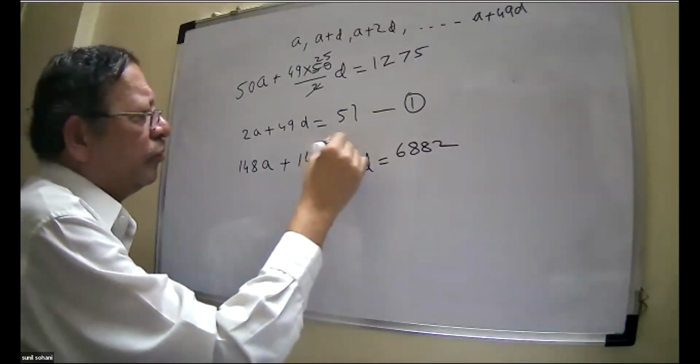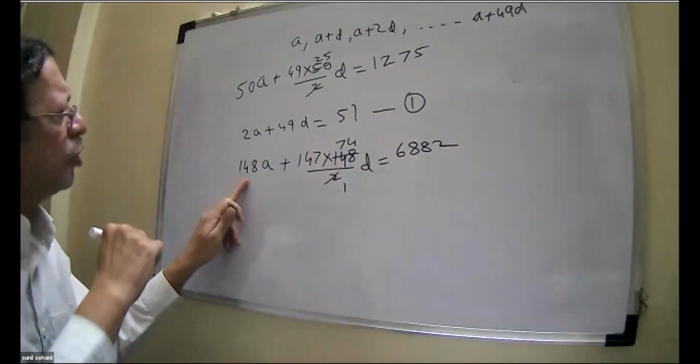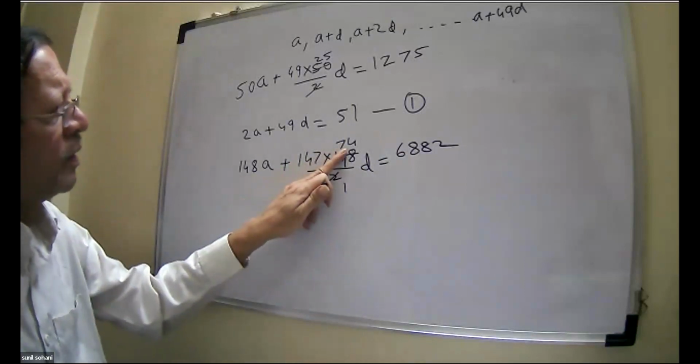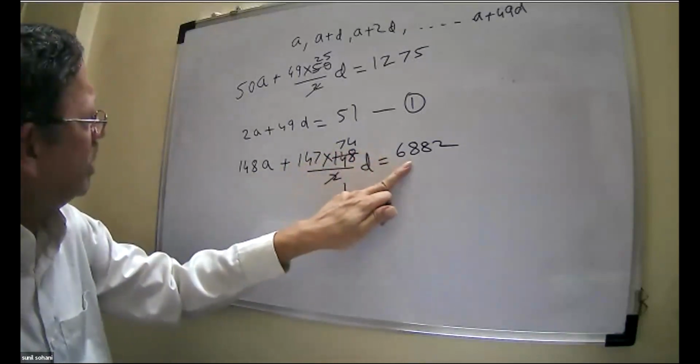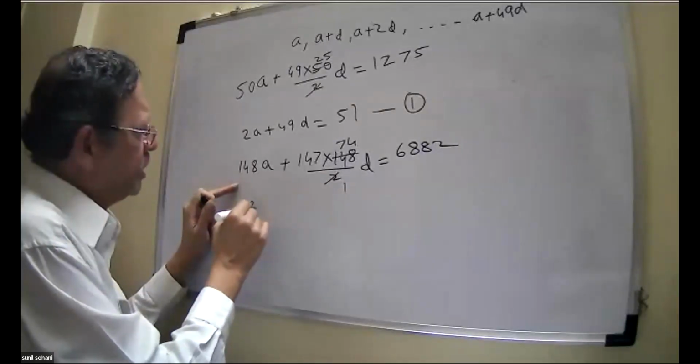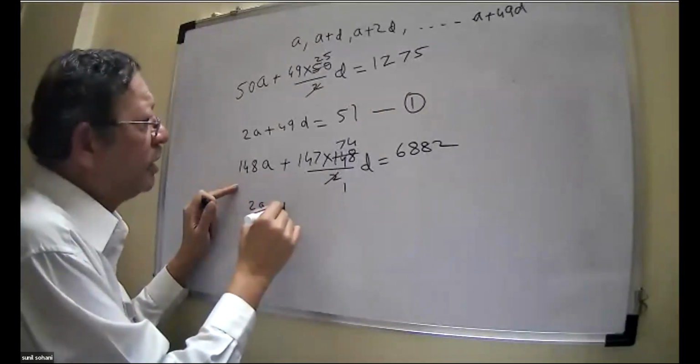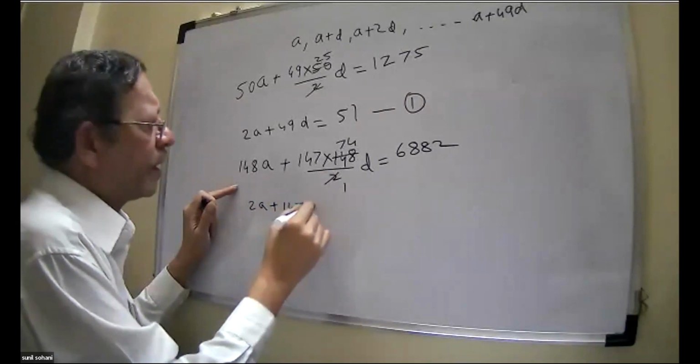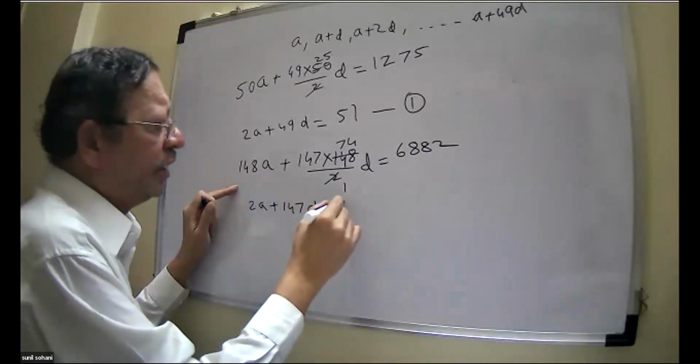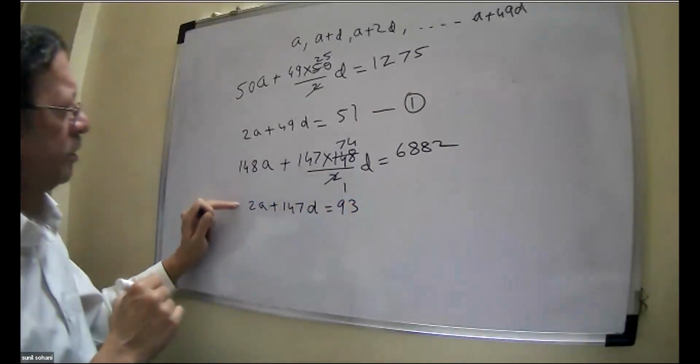You can see 148 is a multiple of 74. I hope this is also a multiple of 74. 74 times 93 is 6882. Great. So with somebody's help, we realize quickly that this division gives 93. So this is expression number 2.